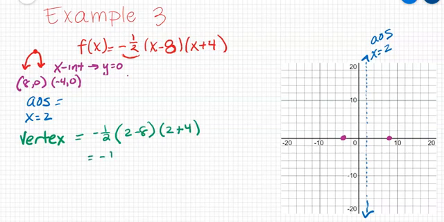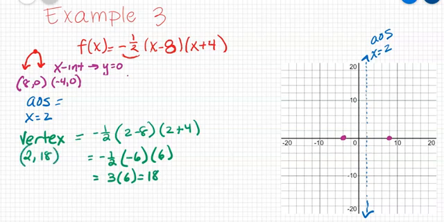And you're left with negative 1/2 times negative 6 times 6. Negative 1/2 times negative 6 is a positive 3, and 3 times 6 is 18. So our vertex is 2, 18. Let's plot that, 2, 10, 12, 14, 16, 18 right here. All right, we are getting closer.